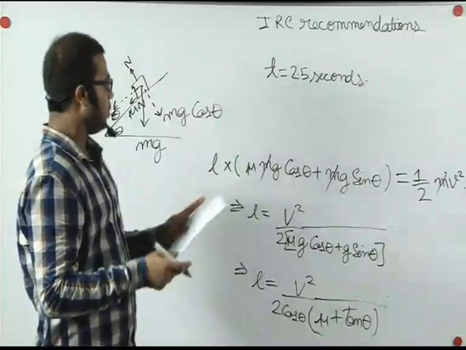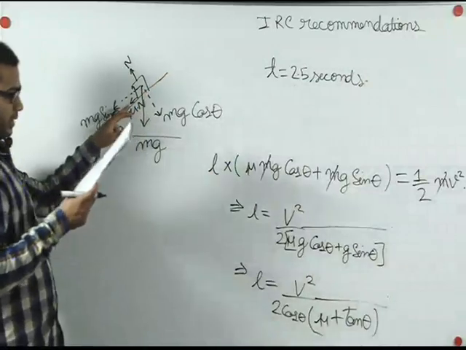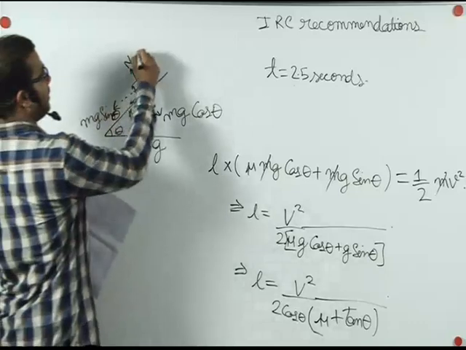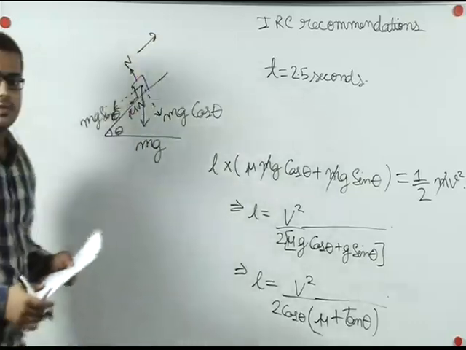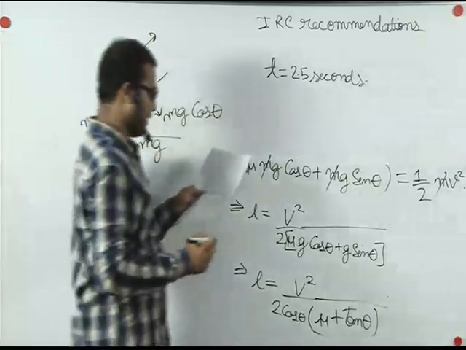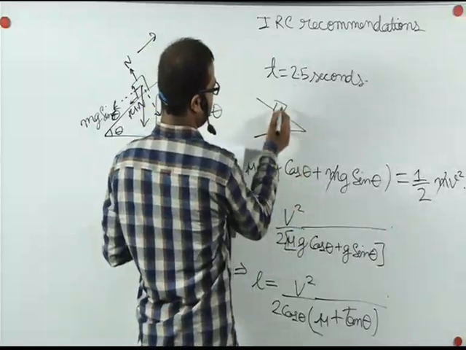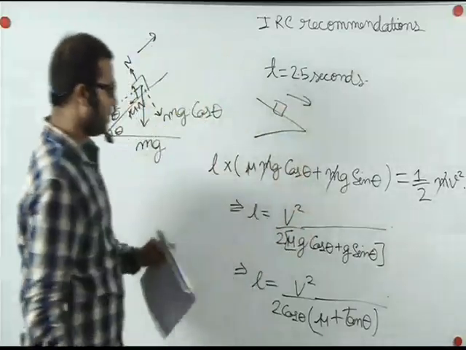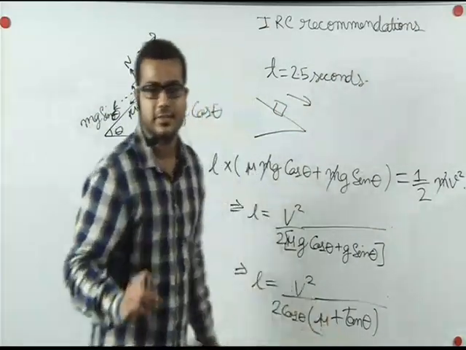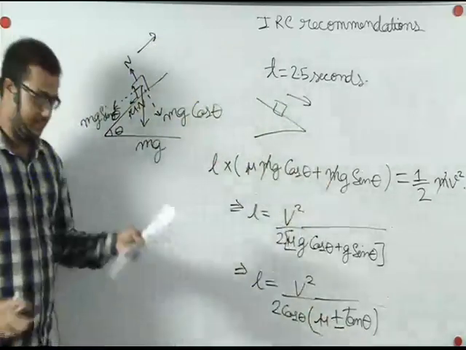So this is when the vehicle is going up the gradient. In the reverse condition, when the vehicle is moving in the downward direction, nothing will change, only this plus sign will be replaced by a negative sign, and the rest will be the same.